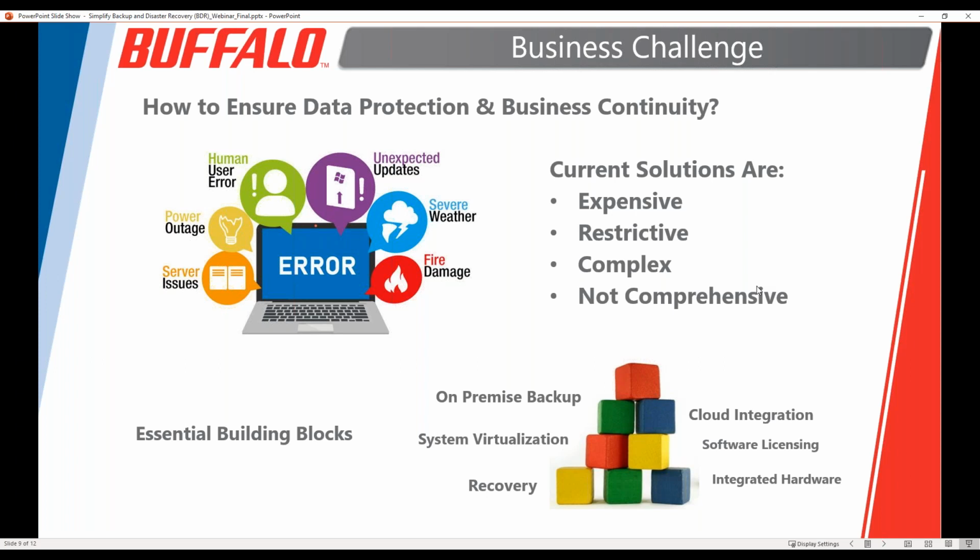That's the Microsoft licensing, the NovaStore software, and the ability to bring your own cloud component along with the storage unit from Buffalo. So with that being said, there are different solutions out there in the market, almost indefinitely.